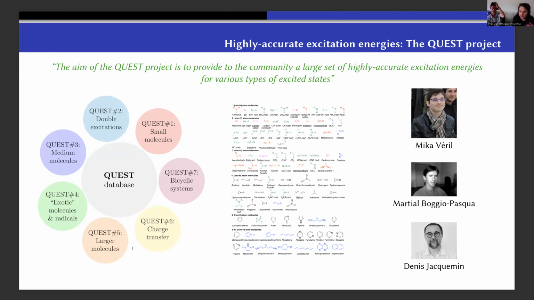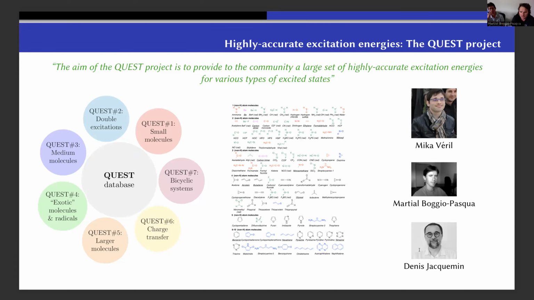That's why a few years ago, thanks to Denis Jacquemin, our collaborator and friend, we started building what we now call the QUEST database of vertical excitation energies. The idea was to provide the community with a large set of highly accurate excitation energies for a large set of excited states, not only singly excited states, but doubly excited states, small molecules, large molecules, and so on.